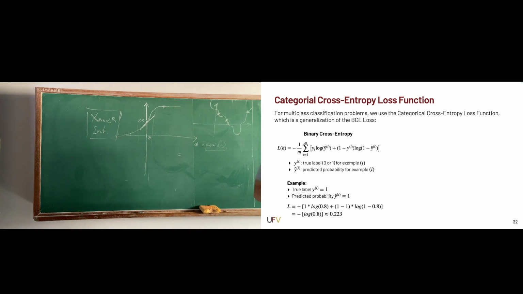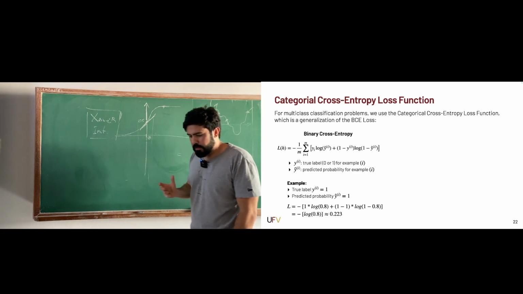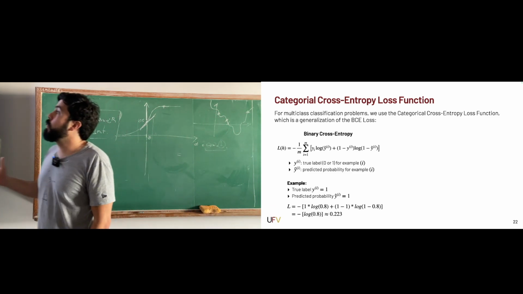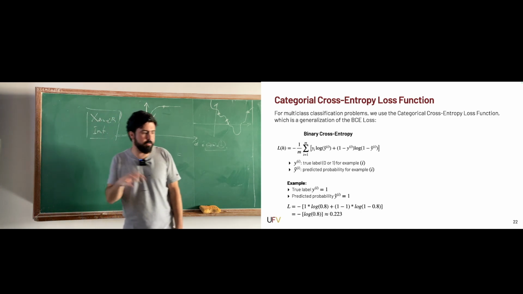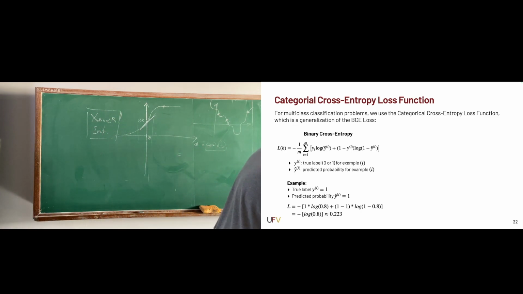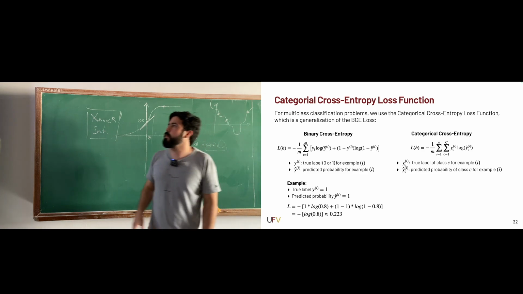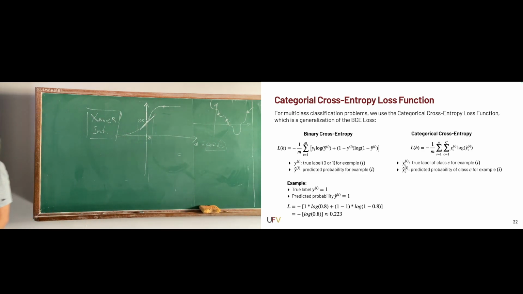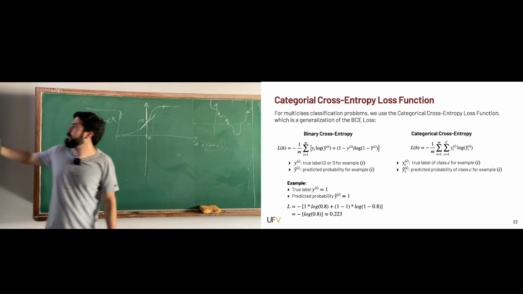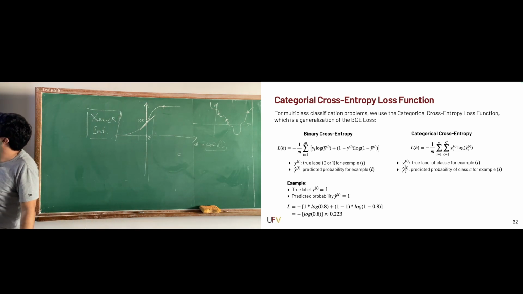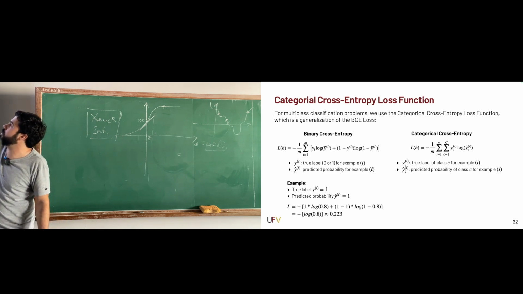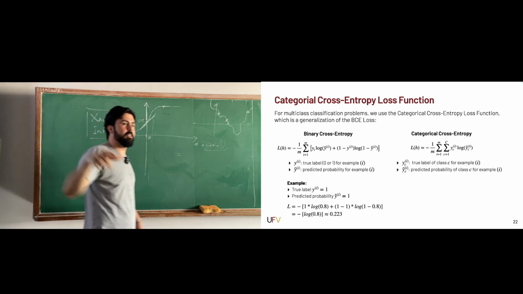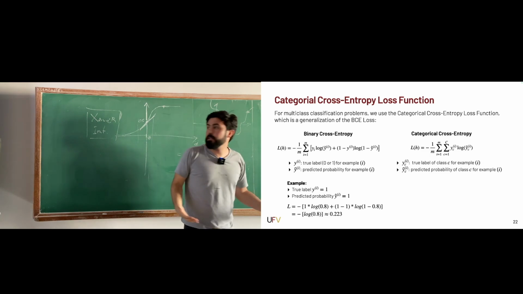So when you're dealing with multi-class classification problems, we have to use another variation of binary cross-entropy, which is actually a more general version, called categorical cross-entropy, which is pretty much a cross-entropy for more than 2 classes. So now I have an extra summation here from c going from 1 to capital C, which is the number of classes you have. Okay?